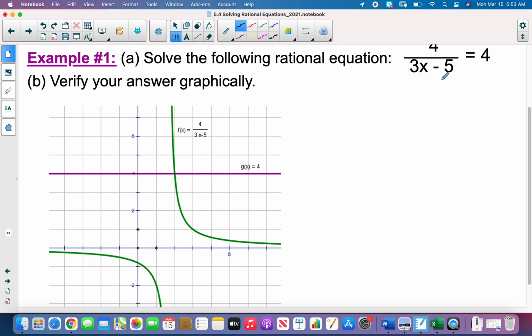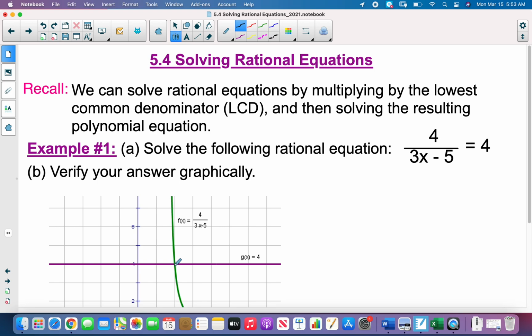And when we say 4 divided by 3x minus 5 equals 4, we're actually finding the point of intersection of these two functions, f of x and g of x. And it meets at this point of intersection, which is 2, 4. So when we're trying to solve this, we actually find the value of x, which in this case is 2.